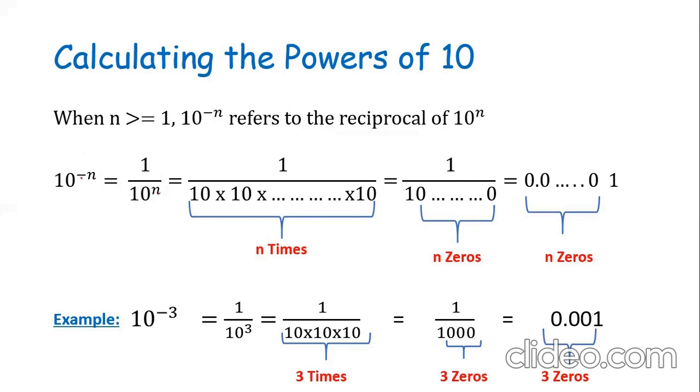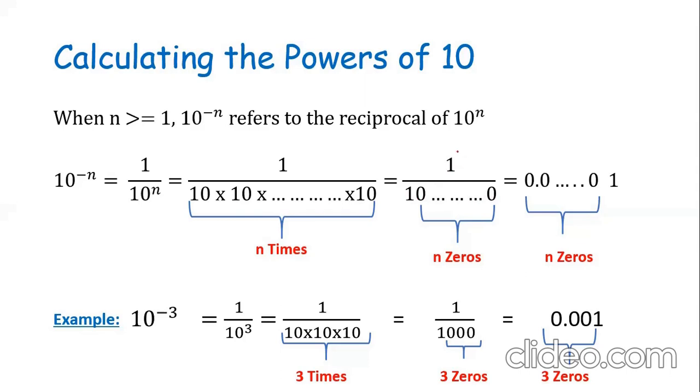So here we notice that the negative sign turns positive as we move 10 to the power of minus n to the denominator. And this is equal to 1 over, as we have seen before, 10 to the power of n, which is 10 multiplied by itself n times. And this again equals 1 over 1, and on the right side of it, a number of zeros that is equal to n.